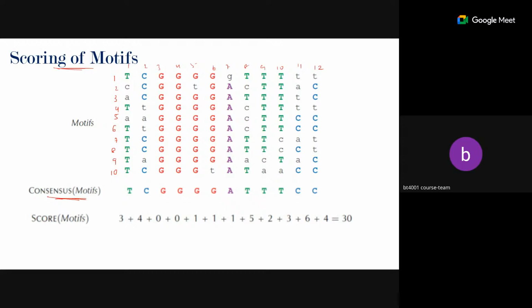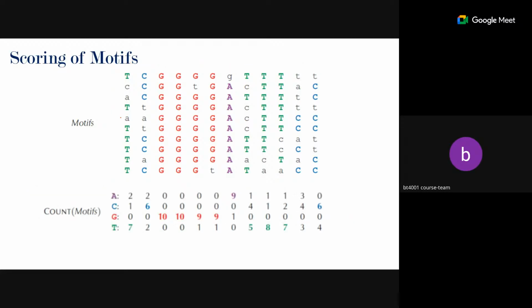To compute the consensus, at every position of the motifs, we find the nucleotide which occurs the most. For example, at position number 1, T occurs 7 times.